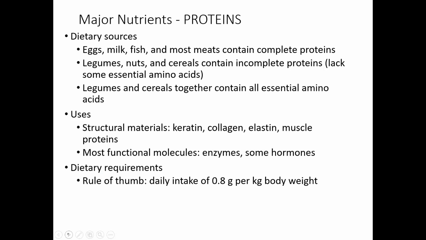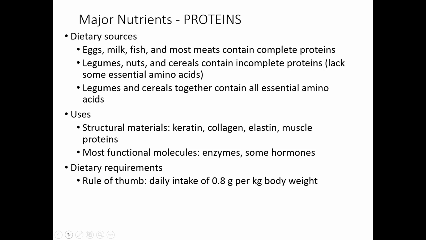So meat products, dairy products, poultry products, fish products, their proteins are going to have all 20 amino acids. Plant proteins don't all have the 20 amino acids. They are called incomplete proteins.